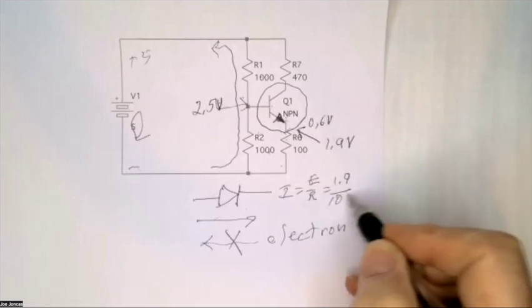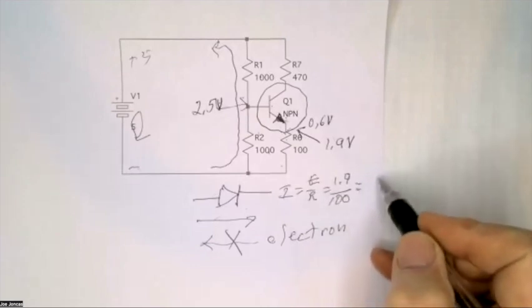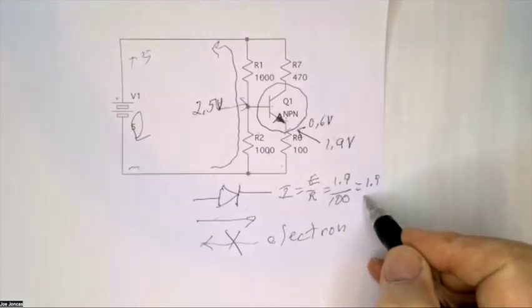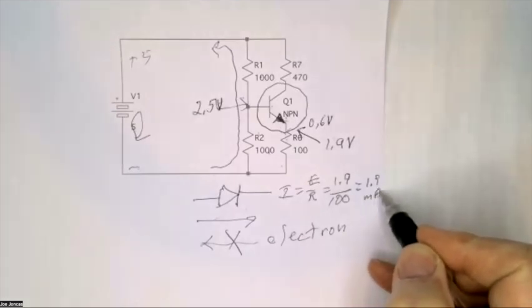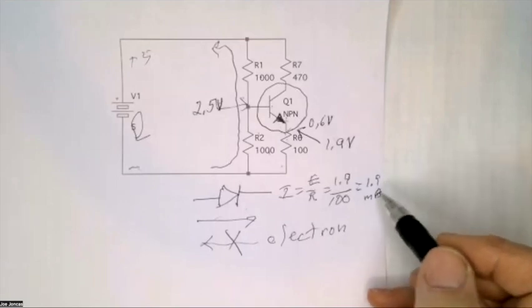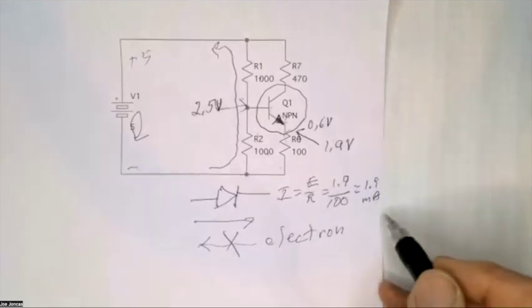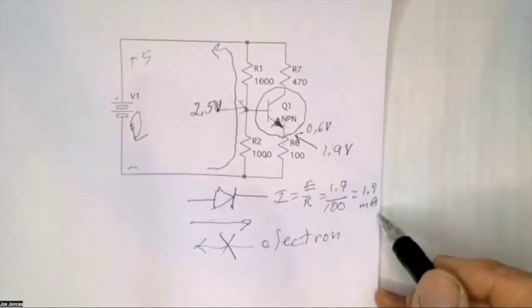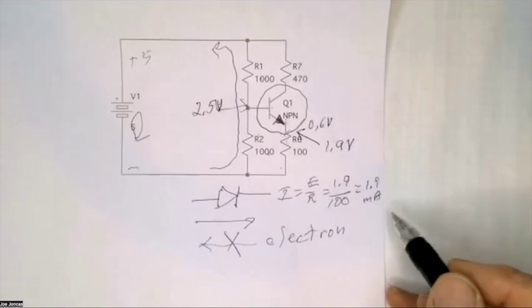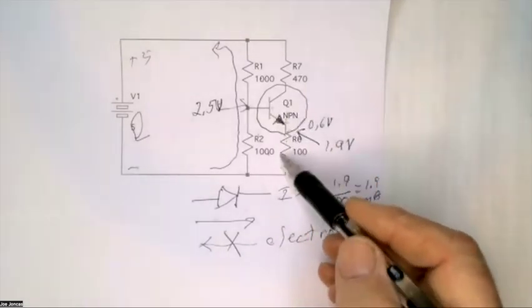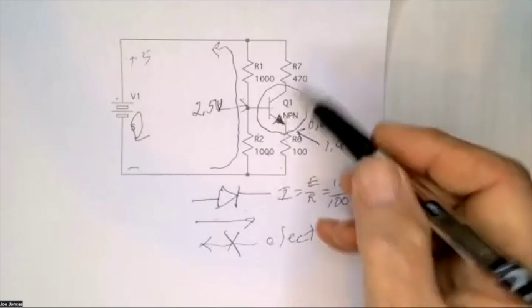That means 1.9 divided by 100, which is equal to 1.9 milliamps. Did I have that order of magnitude correct? Yes. So the current going through this transistor is 1.9 milliamps.